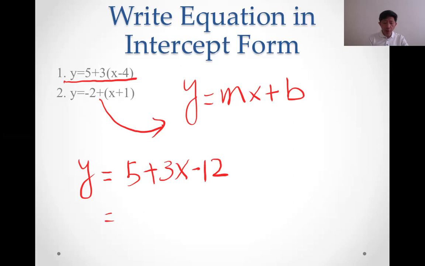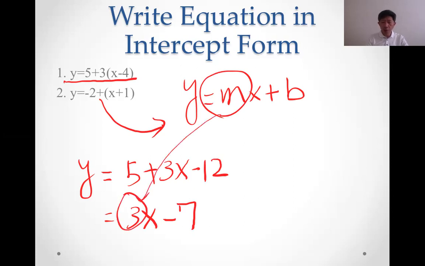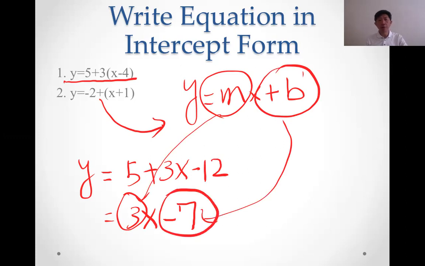We have 3x, 5 minus 12, which is -7. So this is m, the slope, and this is the intercept. The intercept will be -7. That is how we write the intercept form, okay?